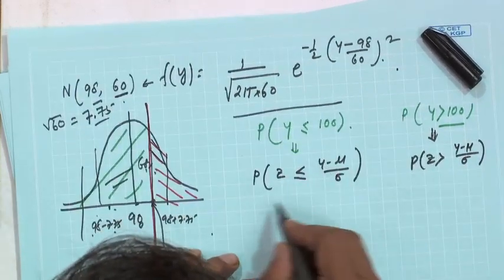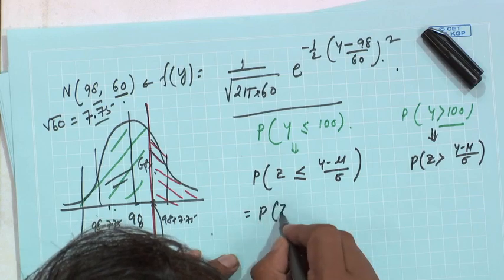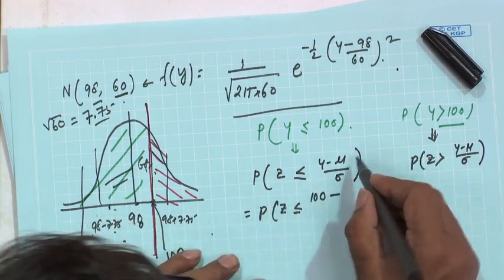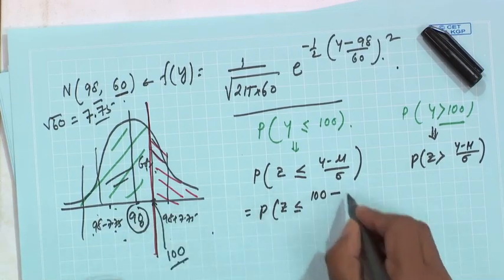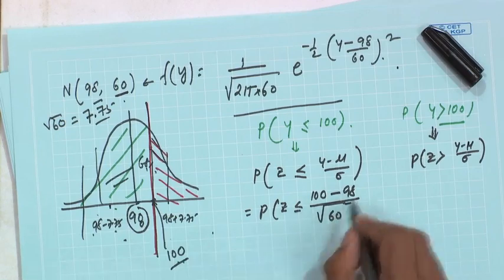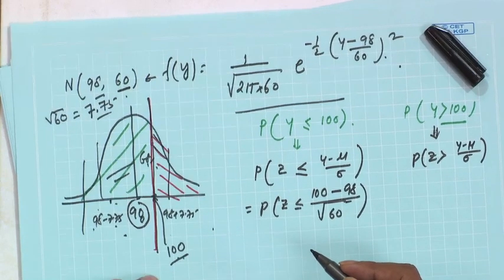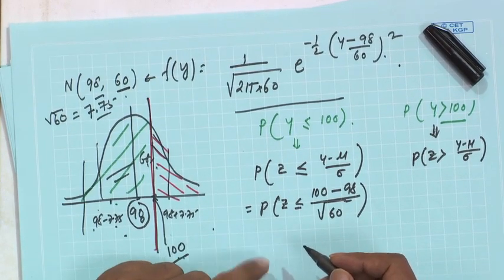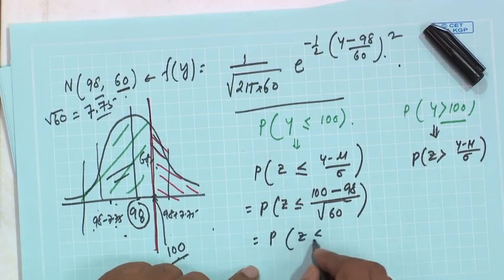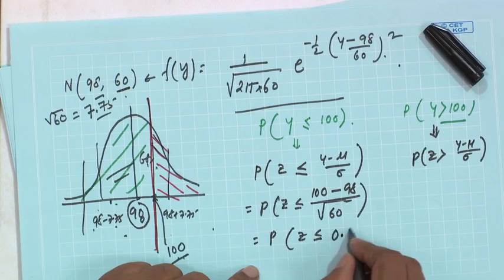What is the y value here? y is 100. What is your mean value? Mu is 98. What is the sigma value? Root over 60. And this value ultimately comes out as P(z less than or equal to 0.26).